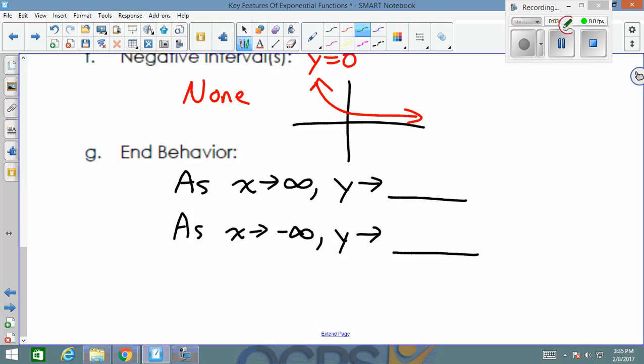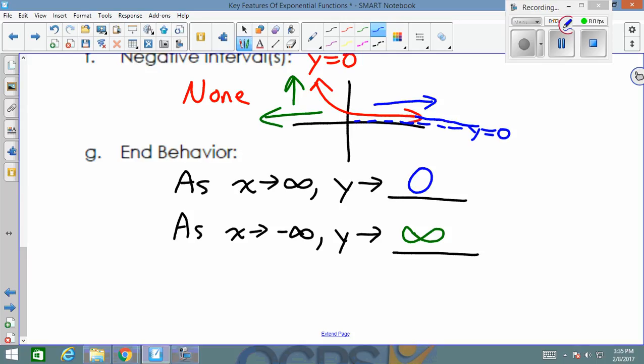As we go this way, as x gets more negative, the y is going this way, which means it's actually approaching positive infinity. As I go this way, though, remember we have this asymptote that we're never going to cross. So instead of y approaching negative infinity, it's slowly approaching the number 0. And that's your first idea of what a limit will look like.